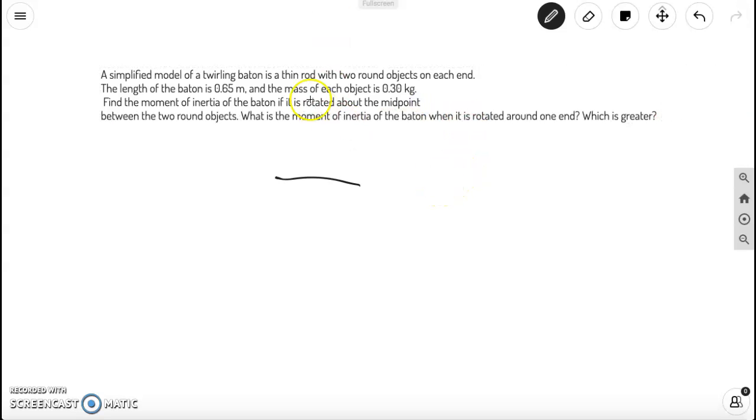Okay. So we have a thin rod with 2 round objects at each end. The information that's given to us is that the length of the baton is 0.65 meters, and the mass of each object is 0.30 kilograms.